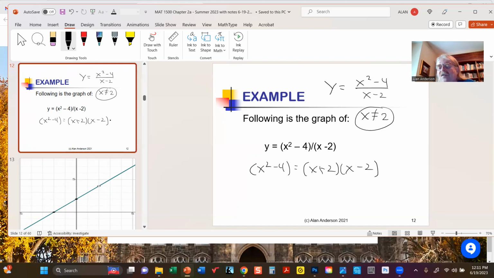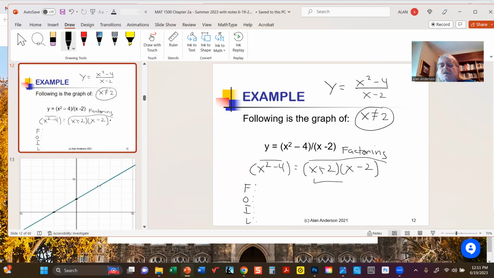You can prove this with FOIL, but what you've done here is you used a process called factoring. And so let me just double check real fast that we haven't goofed it up. We'll use FOIL to prove that this expression does in fact equal this one.